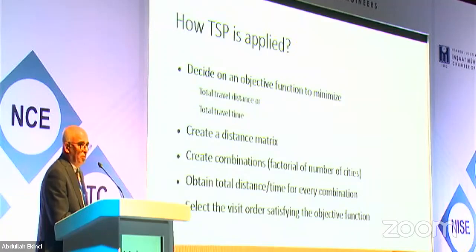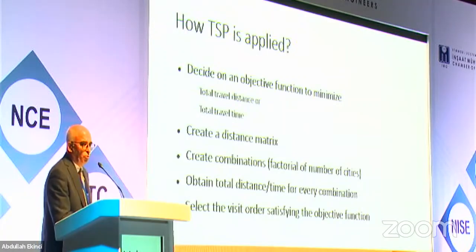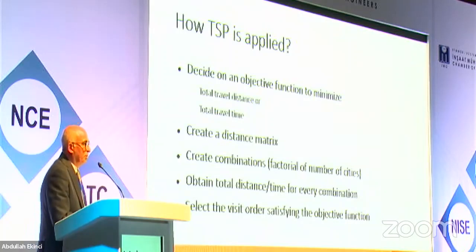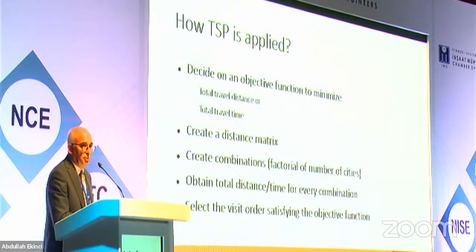Maybe. But with a computer, I'm going to show you we can do it in like 0.2 seconds or less, depending on our approach. And for each combination, we obtain the total distance, and we pick the one that satisfies the objective function.